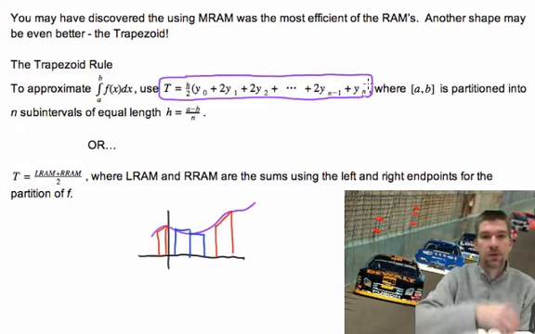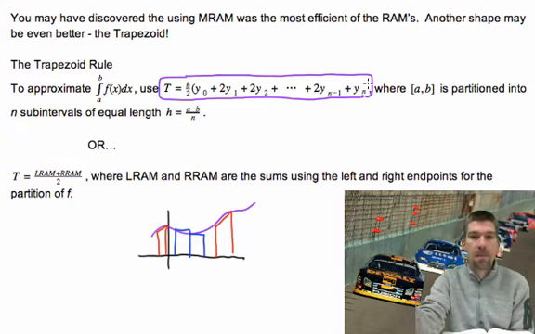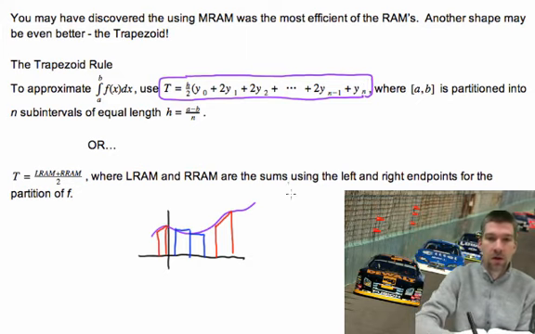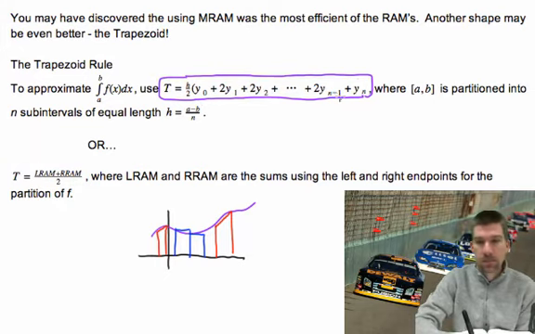So we take the stop minus the start, divide that by n, and then look at all the different x values for the sub-intervals, figure out what the y values are that match, put those in here, do our math, and we'll get an approximation.